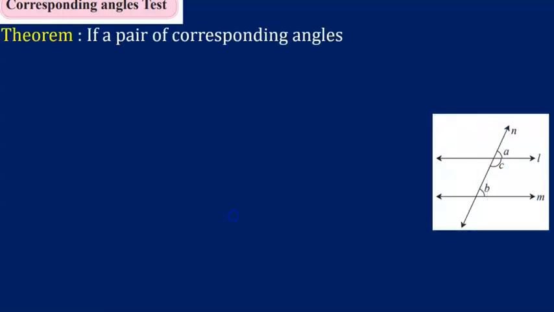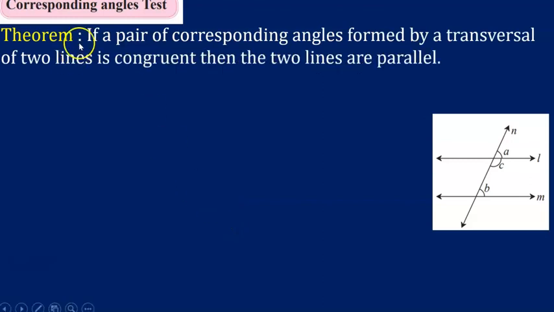Corresponding angles test. Theorem: If a pair of corresponding angles formed by a transversal of two lines is congruent, then the two lines are parallel.